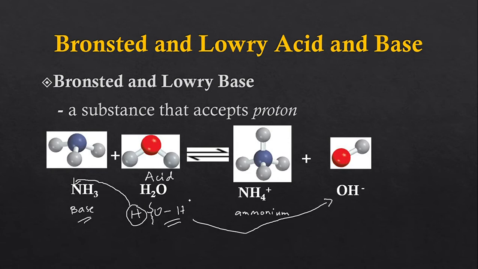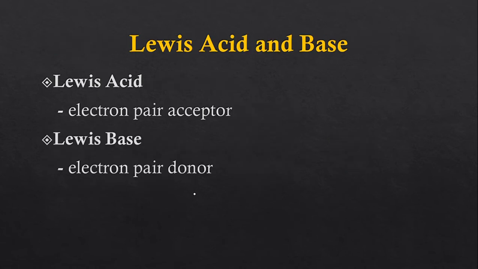Ang acid, taga-donate ng proton, while a Bronsted-Lowry base, taga-accept ng proton. Pero meron pa rin kasi mga substances na hindi pa rin sakop ng definition ni Arrhenius at saka ni Bronsted-Lowry. Kaya meron pa tayong pangatlong definition, which is the Lewis acid and base. Okay?